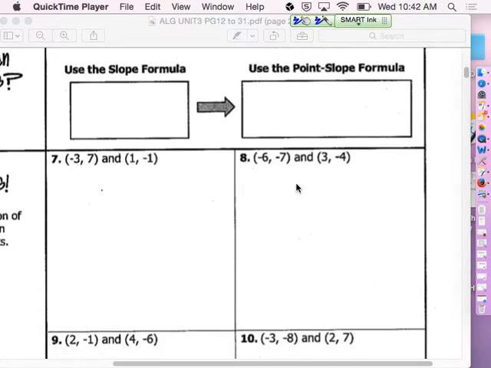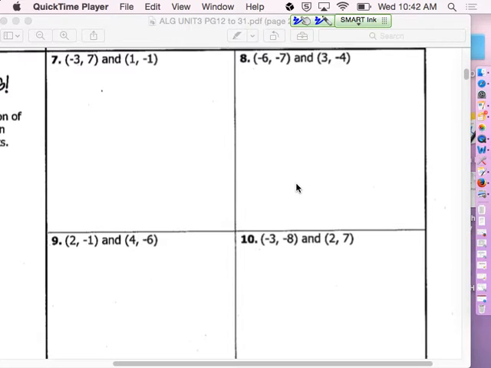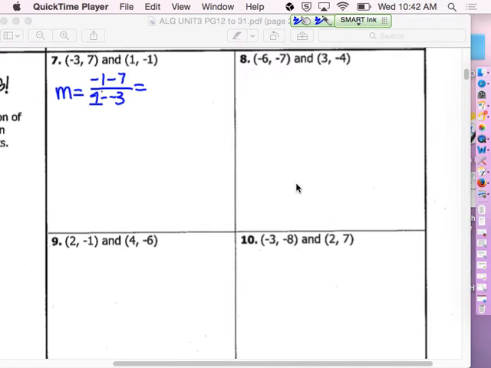Move to page 13. And on this page, the only difference is you need to calculate the slope. So let's go through the slope formula. So I have negative 1 minus 7 over 1 minus negative 3. So that means my slope is negative 8 over positive 4. My slope is negative 2. So m is negative 2.